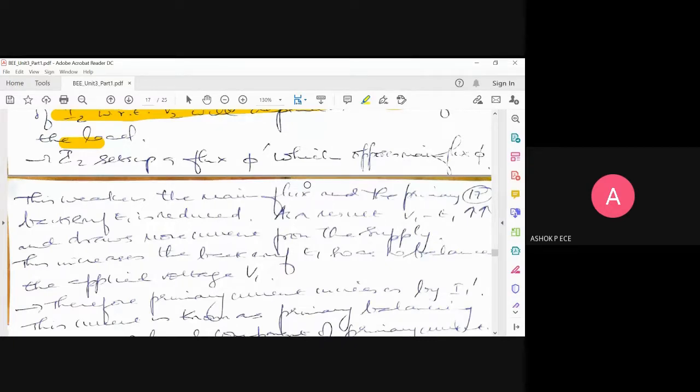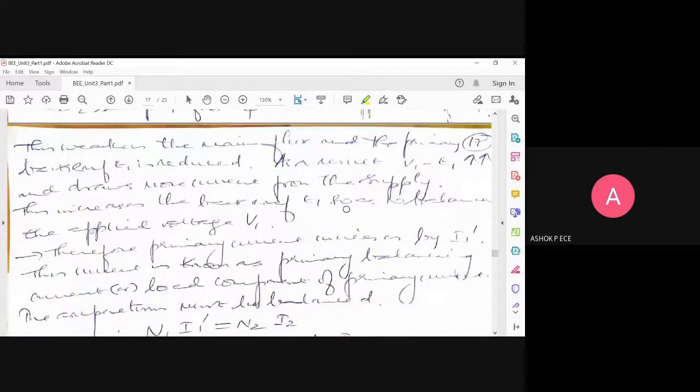Phi is your main flux at the primary, phi dash is the opposing flux at the secondary. What happens as you increase the voltage V1, the induced EMF will also increase, so it draws more current from the supply. This increases the back EMF so as to balance the applied voltage V1.